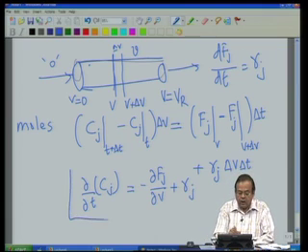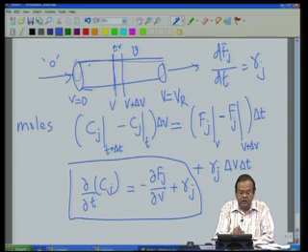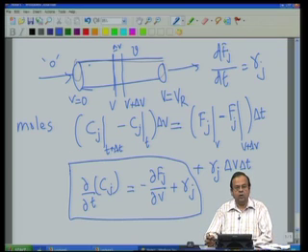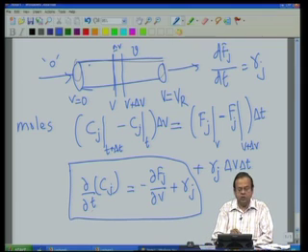So, this is our unsteady state mass balance equation for an ideal plug flow reactor. That is the accumulation, the change of moles, plus in and out, plus generated.